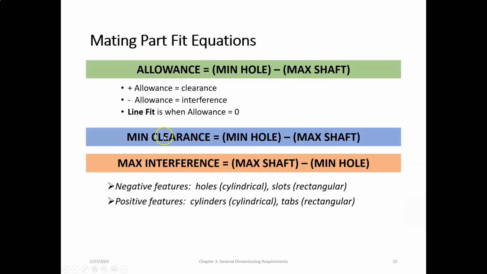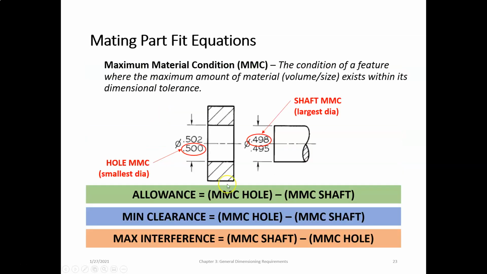Now, when we go back and look at these three equations again, but in terms of MMC size, the equations get a little bit simpler. The allowance is the MMC size of the hole minus the MMC size of the shaft. The minimum clearance is the MMC size of the hole minus the MMC size of the shaft. The same equation, just a different name.